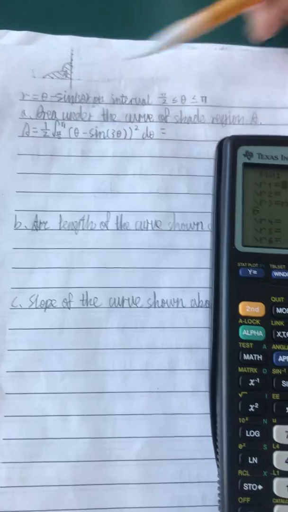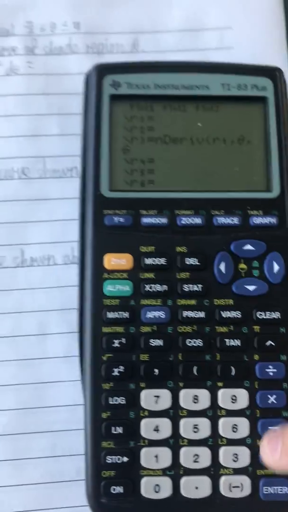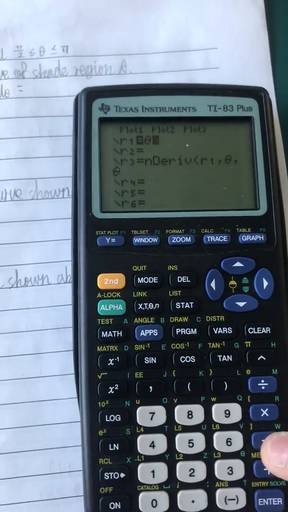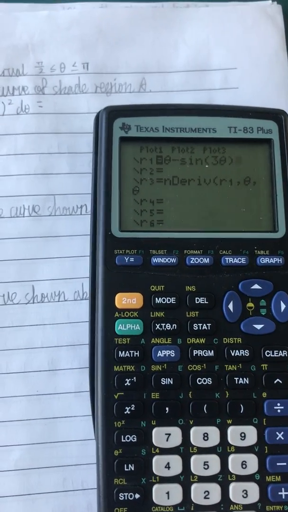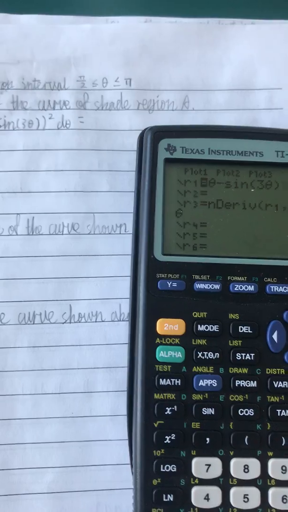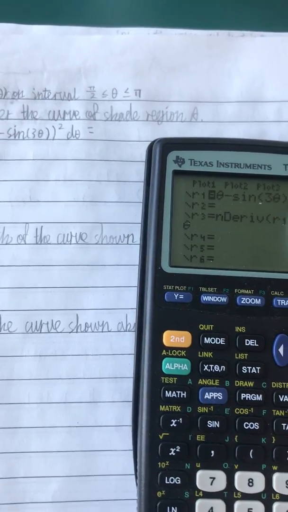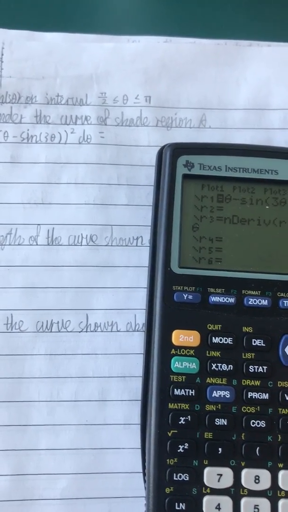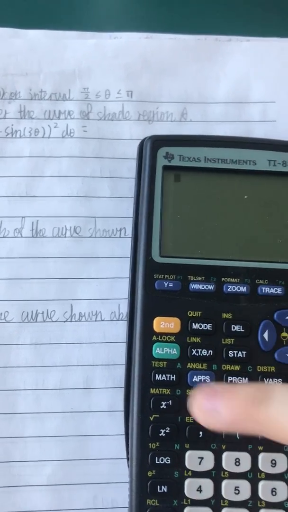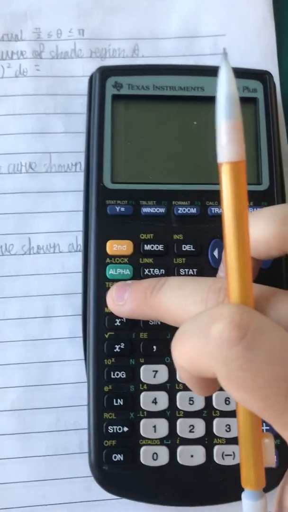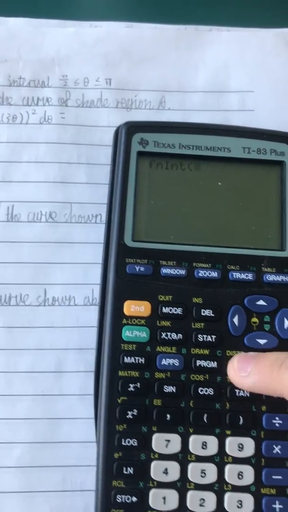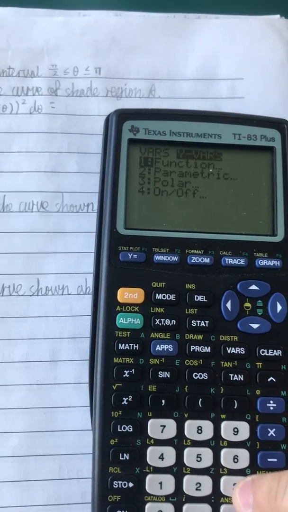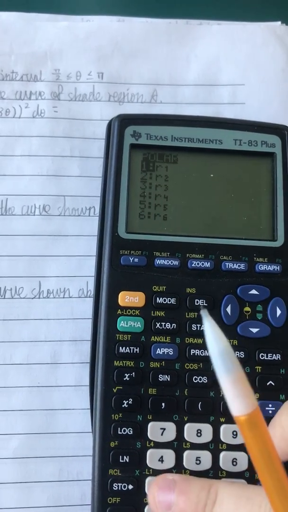So we know r equals theta minus sine 3 theta. Okay, this is what we have so far, and we don't actually have to graph it. We go straight to the integral, math 9 integral, vars, y vars, polar, and r1.